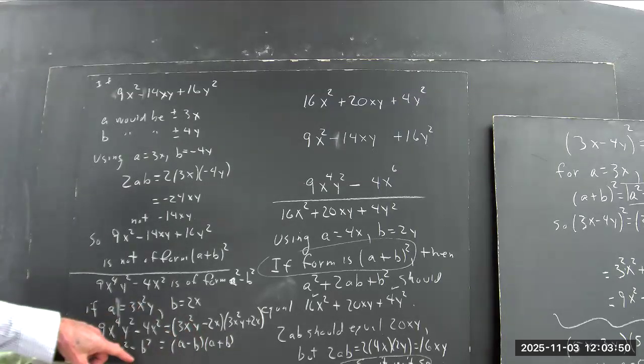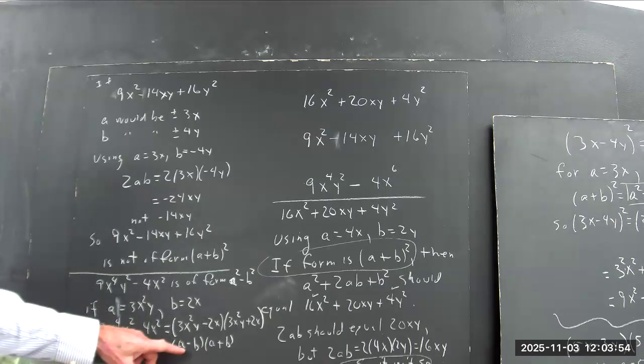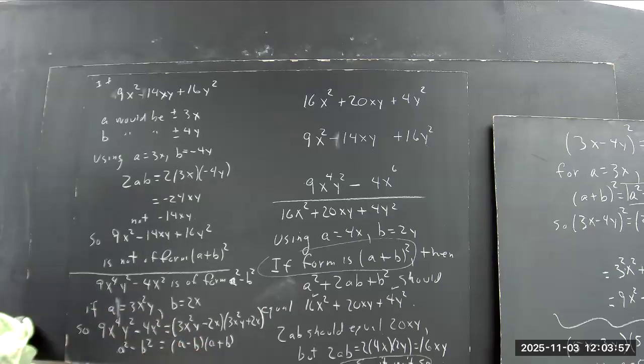And this is just an instance of a squared minus b squared equals a minus b times a plus b. Okay, so make sure you understand the logic of that.